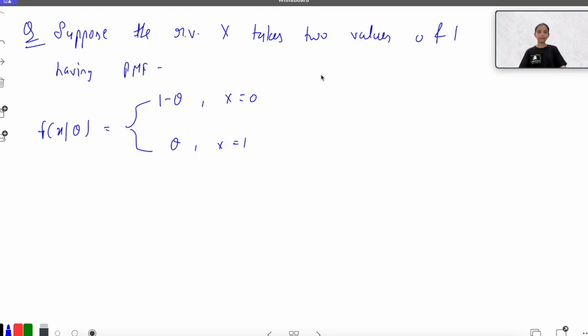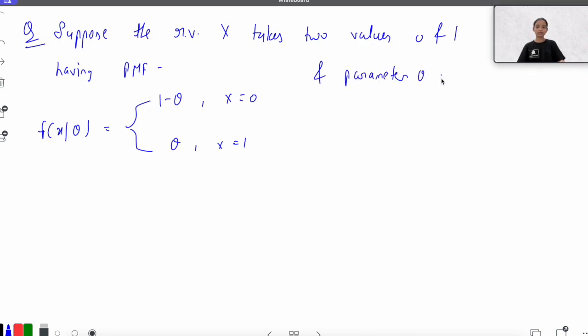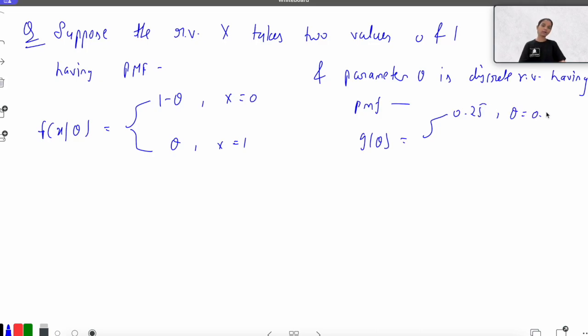And the parameter theta is a discrete random variable having the PMF g of theta, which is equal to 0.25 for theta equal to 0.4 or 0.6, and 0.5 for theta equal to 0.5.